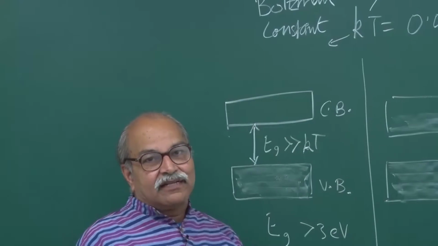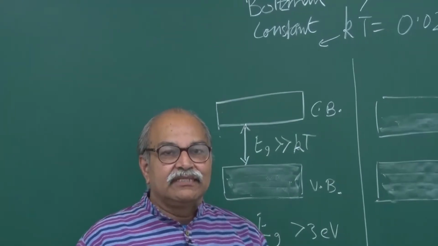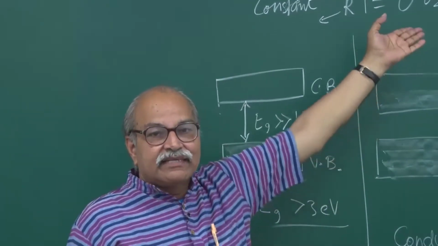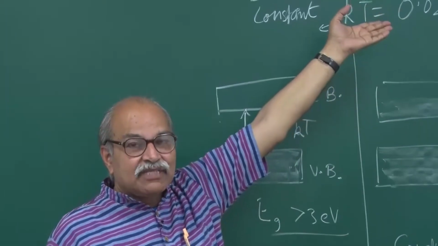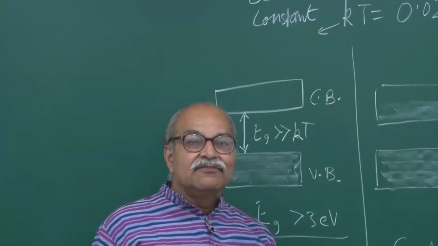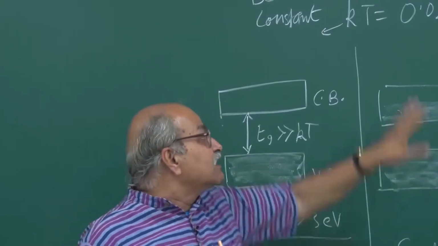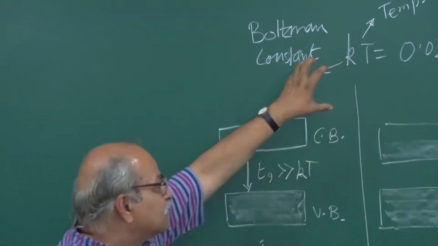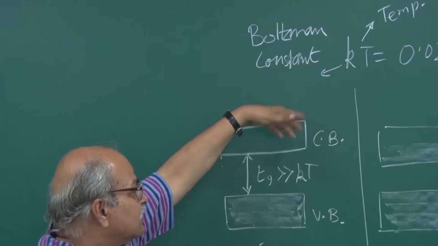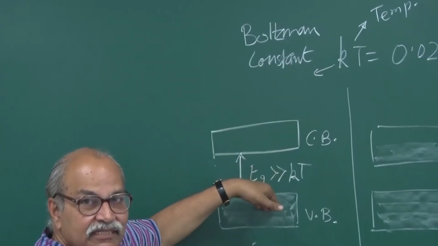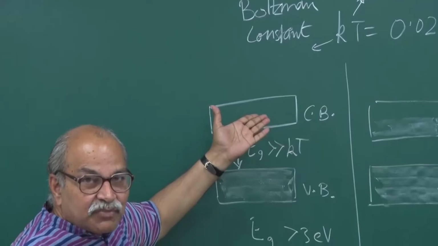But there are interactions where the energy exchange is much larger than this, 10 times this, 50 times this, 20 times this. There are also interactions in which the energy exchange is much smaller than this.